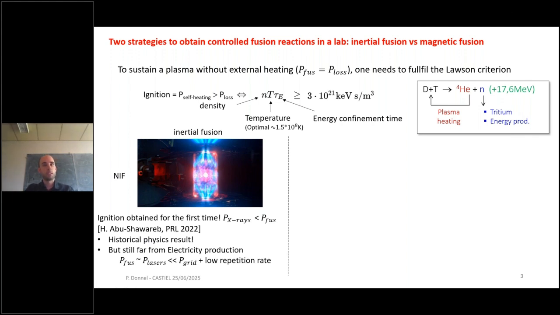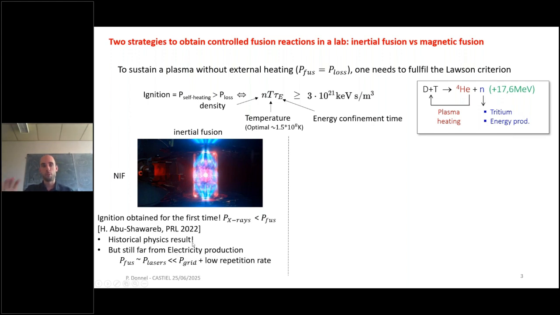But unfortunately, even though there has been a lot of progress in this last decade on this technology, we are still quite far from energy production for two reasons. First, in terms of energy, what you need is not the fusion energy to be larger than the X-rays, but the fusion production to be larger than the grid energy.